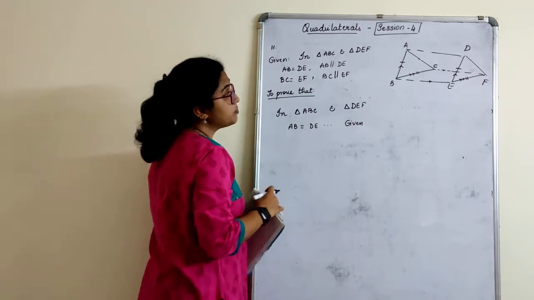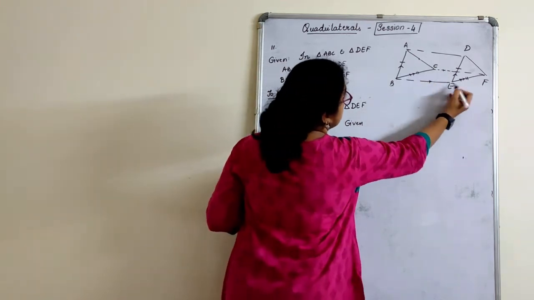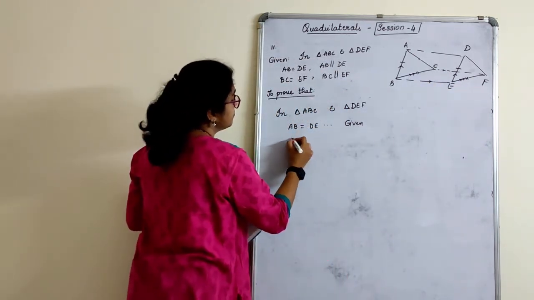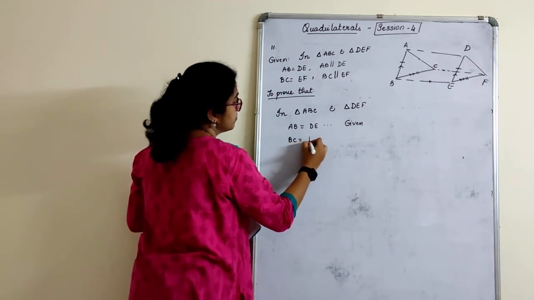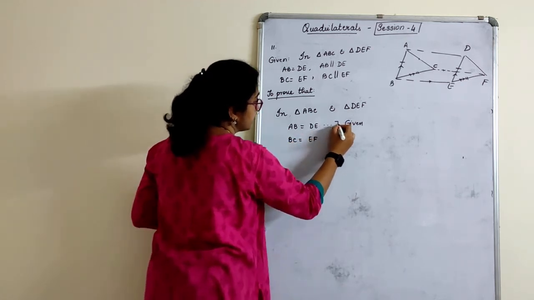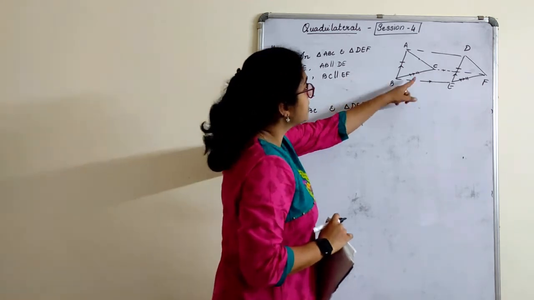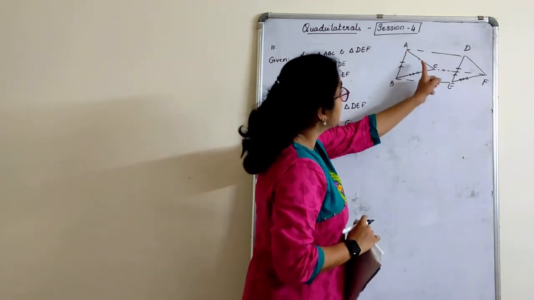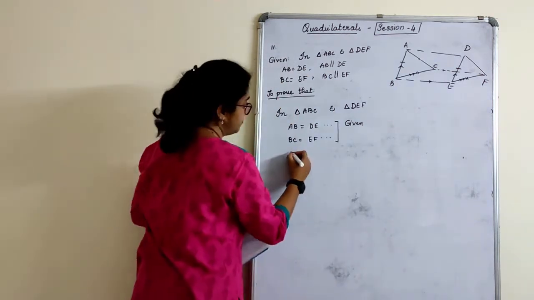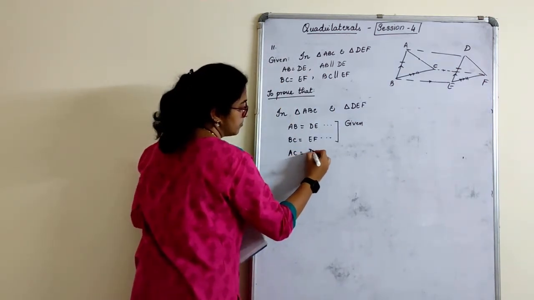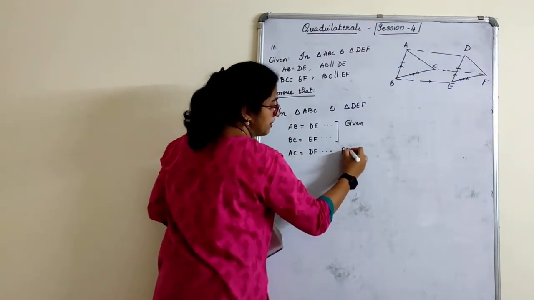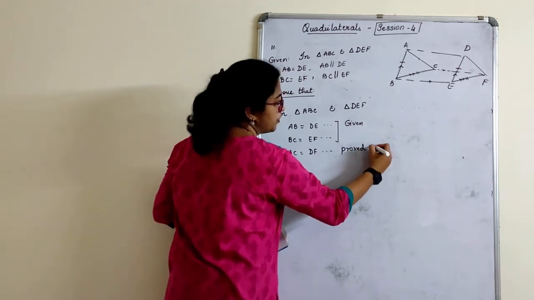Next part. BC is equal to EF. Together it is given. Now two sides are already over. Can I say AC is equal to DF? This is proved above. We just now proved it.